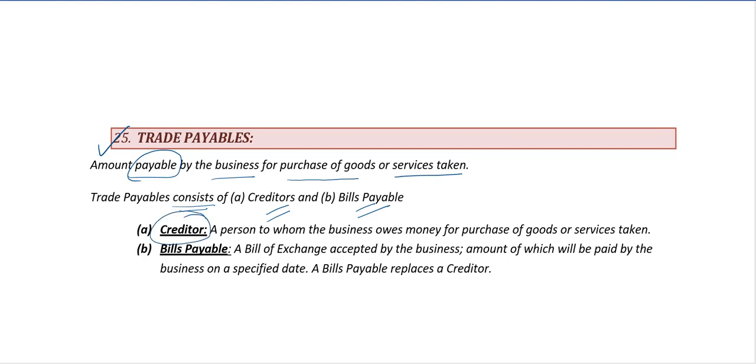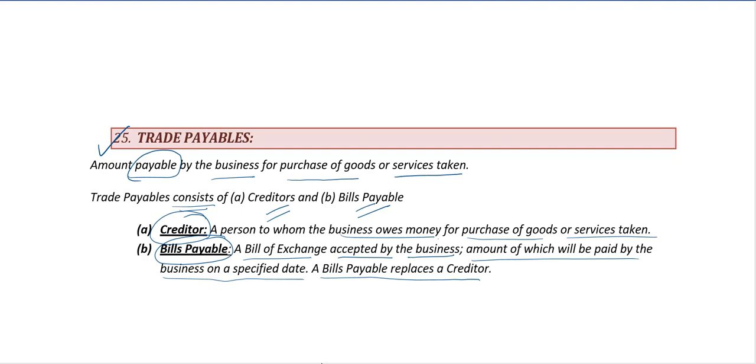A person to whom the business owes money for the purchase of goods or services taken. What is a bills payable? A bill of exchange accepted by the business, the amount of which will be paid by the business on a specified date. A bills payable replaces a creditor.